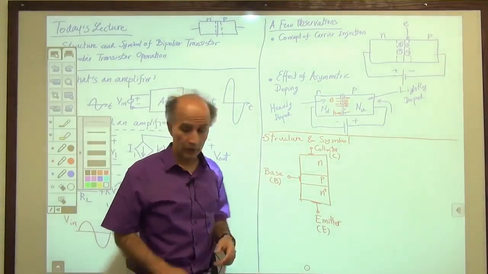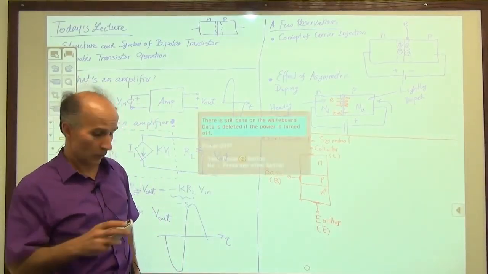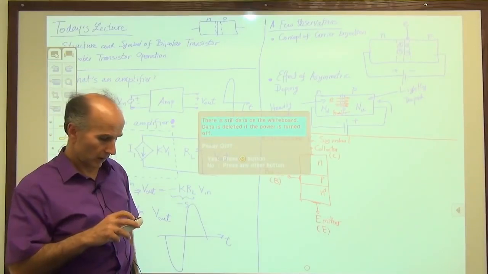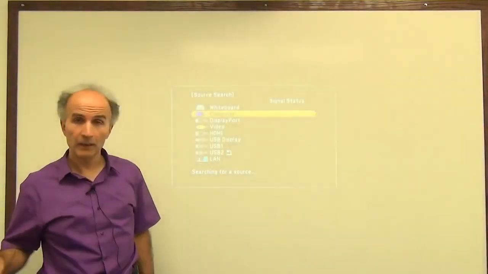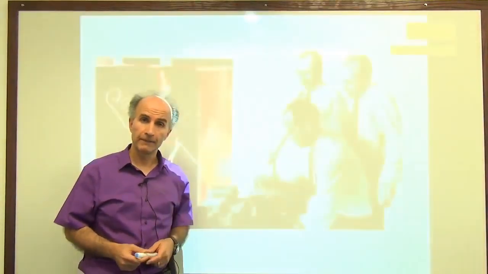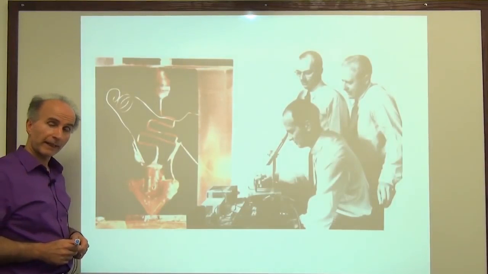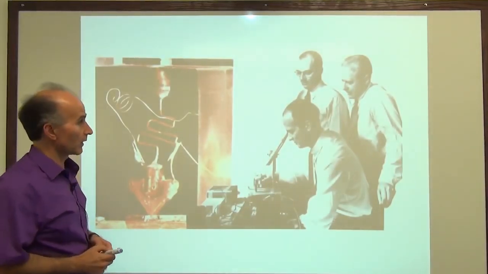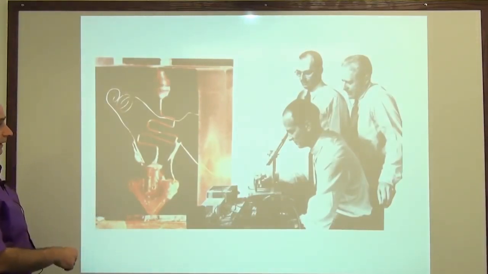All right, so just a historical note. The bipolar transistor was invented by William Shockley and two colleagues at the Bell Laboratories back in the 1940s. So here are their pictures, and here's what the device looks like.